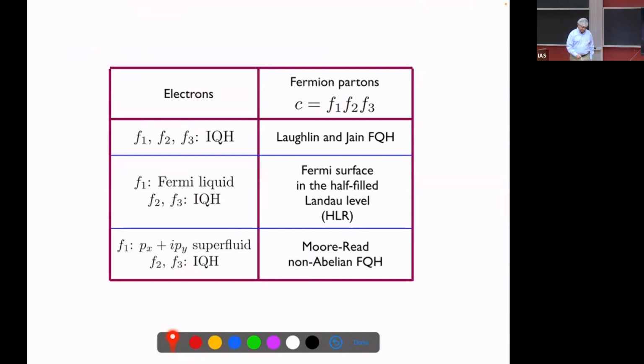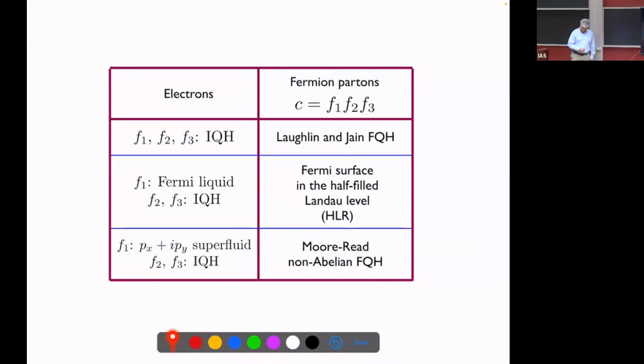When you do this and you put all 3 of them in fully filled Landau levels, or equivalently in Chern insulator bands, F1, F2, and F3 all integer quantum Hall states or Chern insulators, then you will get the full sequence of Laughlin and the Jain fractional quantum Hall states. This has been known for a long time. I think Jain pointed this out many years ago.